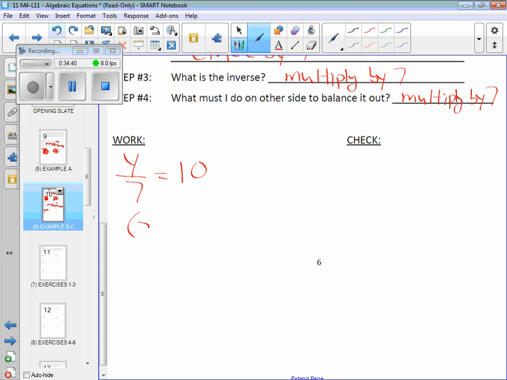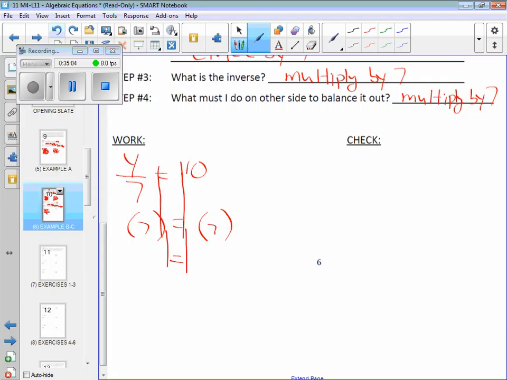Extend my train tracks. What cancels on the left side? Yep. We want that constant to cancel. We want a variable by itself. That's always our goal.